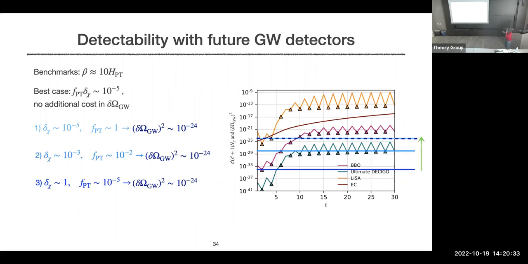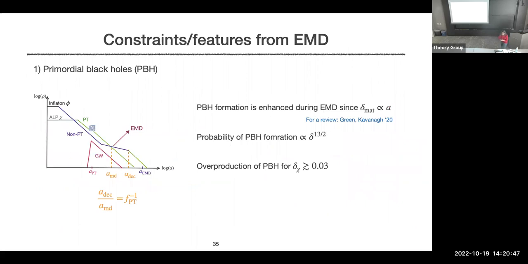Okay, so that's great. This model actually gives us a lot of improvement by taking away a lot of the cost of having a small f_PT for large delta chi. But if you have worked on early matter domination, you know there are constraints from small scale fluctuations because they can have other consequences.